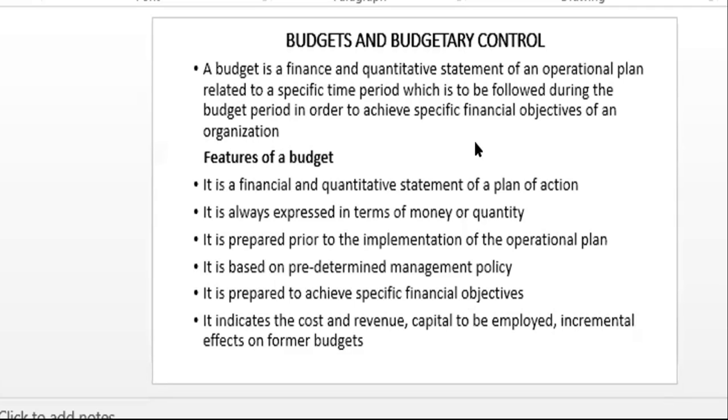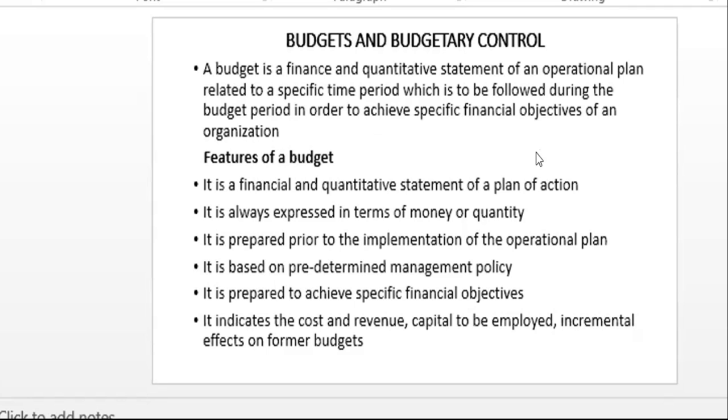It can be an organization, an individual person, a family, a sector, a region, or a county. All these levels require budgets so that they remain focused as they implement the budgets that are prepared. So this is basically a budget.